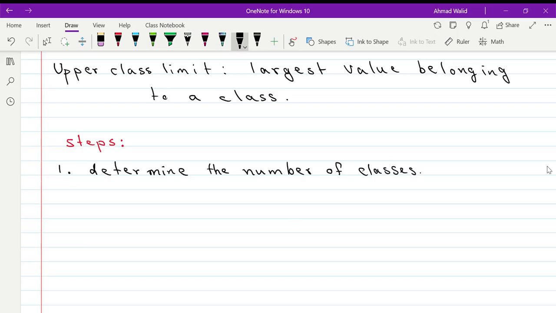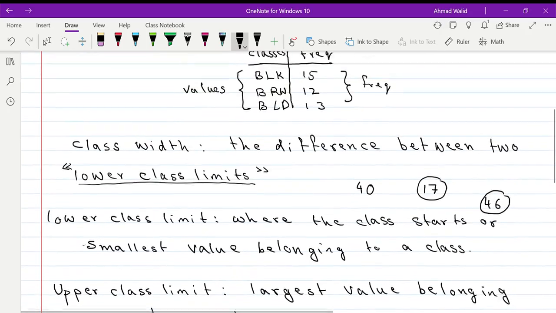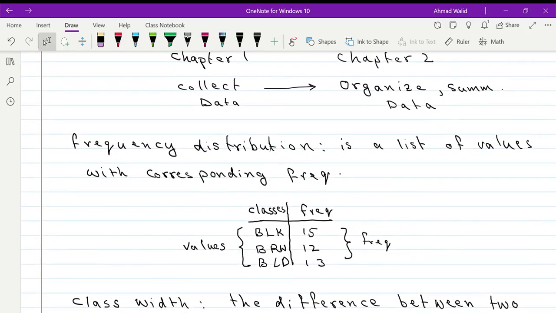What does it mean? Determine the number of classes. Usually it will be given to you. If it's a test day, I will tell you make 5 class, make 6 class, make 10 class, correct? If you are doing your homework, they give you the number of classes, how many classes you should make. To explain it more, you see in this example that you are talking about the color of the hair of the students in your class.